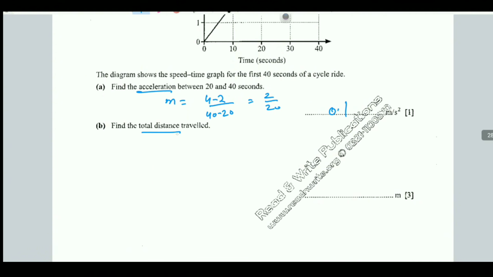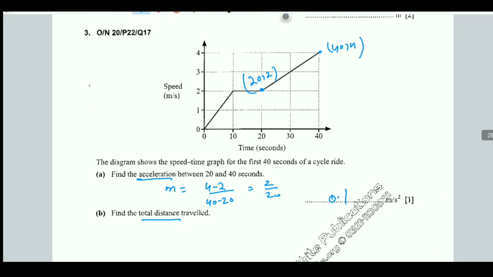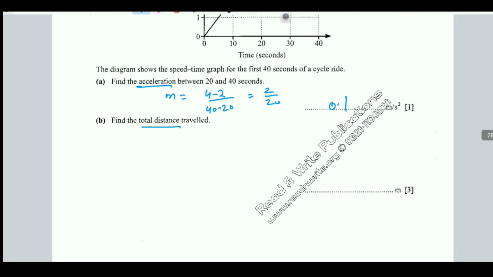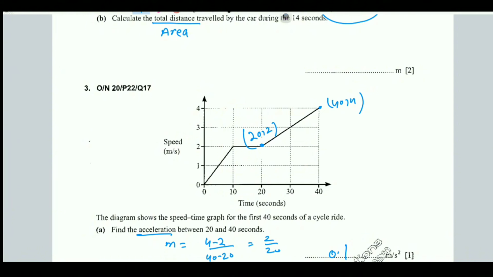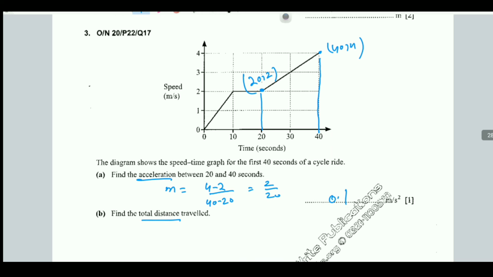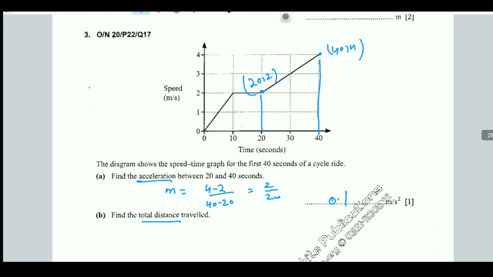Find the total distance traveled. Total distance here means area. So how will you find the area? There are two trapeziums, you can see this one and this one. So you will find the area of both trapeziums. 1 over 2 into the height, which is 2.